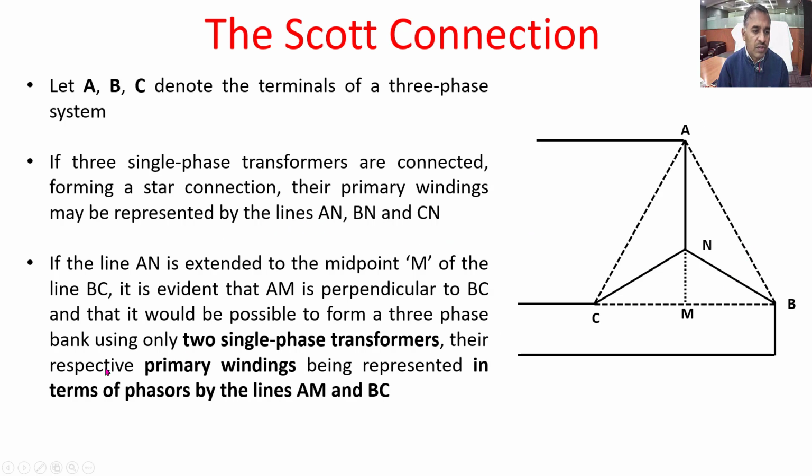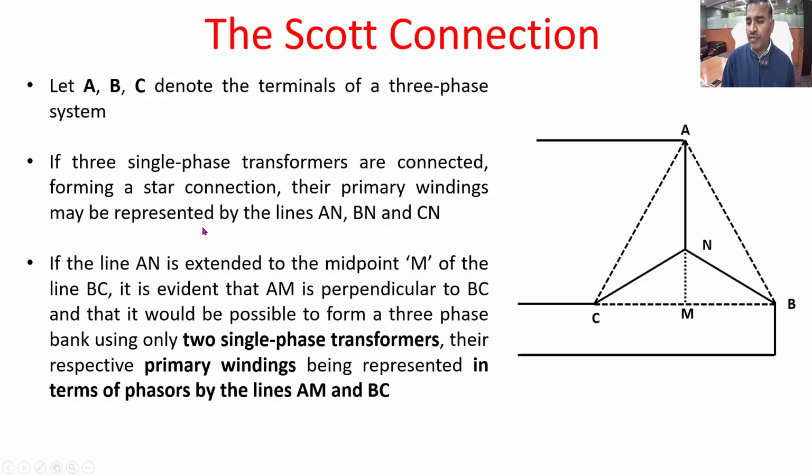If the line AN is extended to the midpoint M of BC, it is evident that AM is perpendicular to BC, and that it would be possible to form a three-phase bank using only two single-phase transformers, their respective primary windings being represented in terms of phasors by the lines AM and BC respectively.